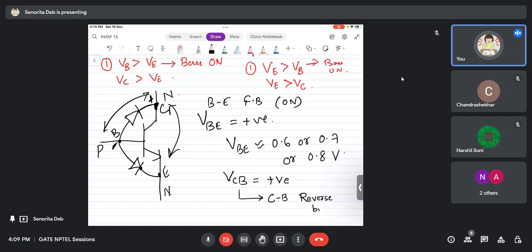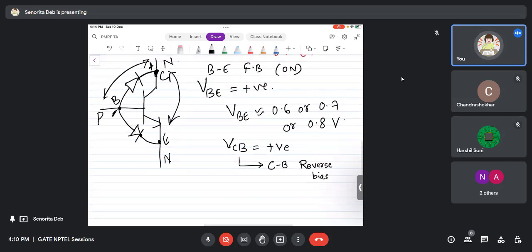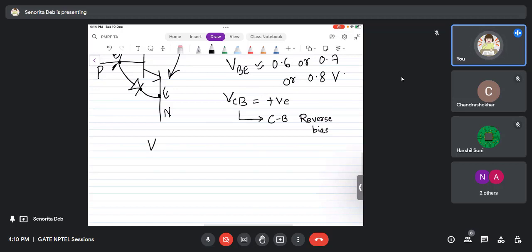I have written the transistor, right? So this is NPN. So this region of operation where VBE is positive and VCB is positive, so that CB is reverse bias and BE is forward bias.